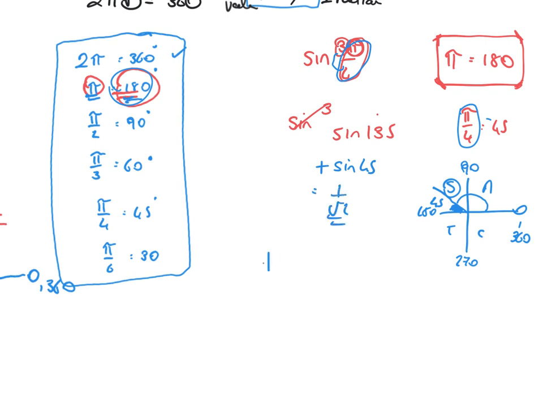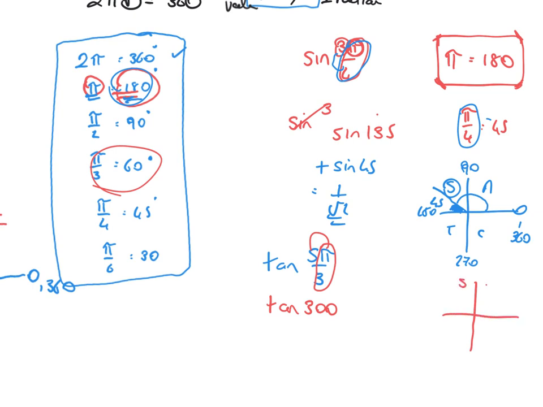Let's try another one. Let's go for tan 5 pi over 3. Okay, so pi radians is 180, pi over 3 is 60 degrees. Pi over 3 is 60 degrees, times that by 5, that's 300, tan of 300. Okay, let's get the CAST diagram going.